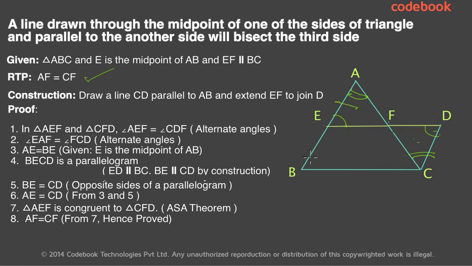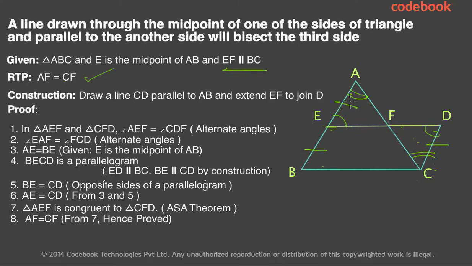We know that AE is equal to BE because E is the midpoint of AB. But we also know BECD is a parallelogram because we have been given EF is parallel to BC and we have constructed CD parallel to BE. In a parallelogram, opposite sides are equal. So BE is equal to CD, but BE is also equal to AE, which means AE is equal to CD.